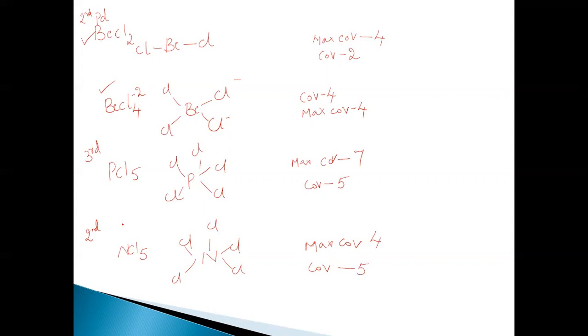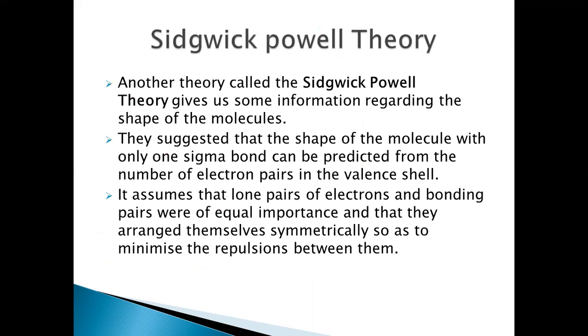So this molecule cannot exist, because it is exhibiting a covalency of 5 where we can expect only 4. So the main application of Sidgwick's maximum covalency rule is that we can say whether a given molecule will exist or not, is stable or not.